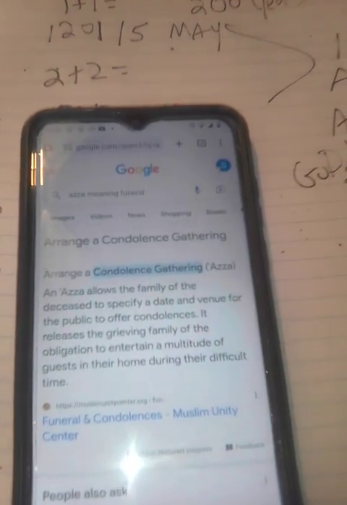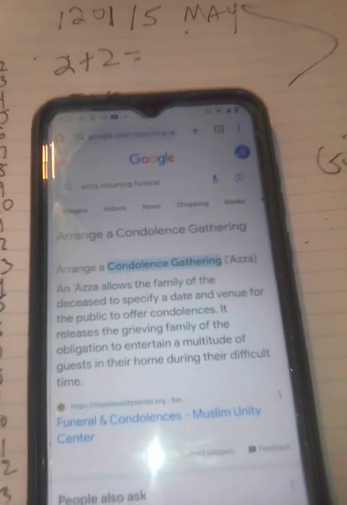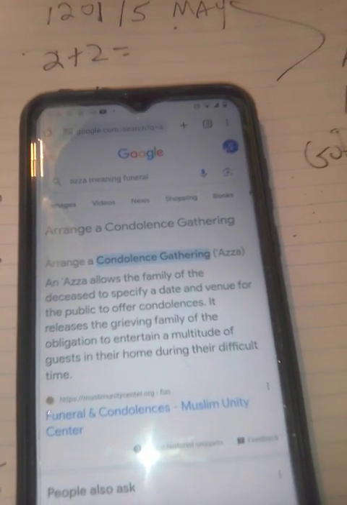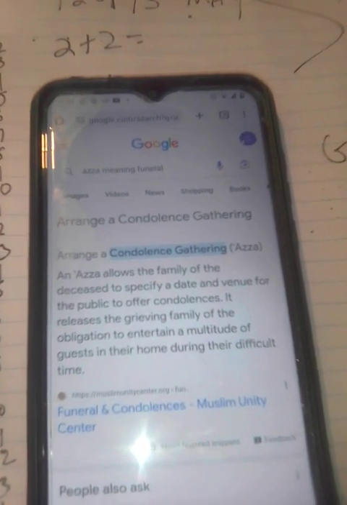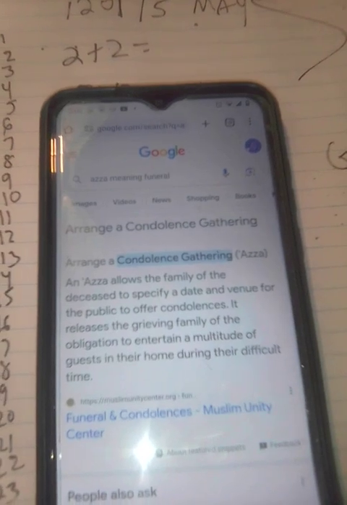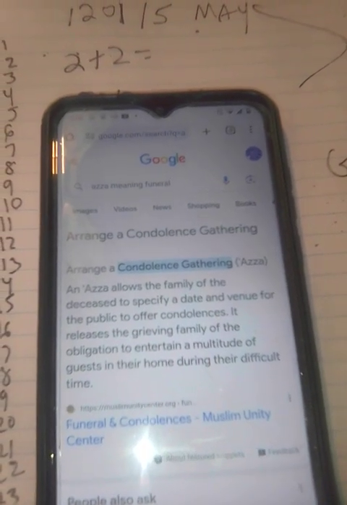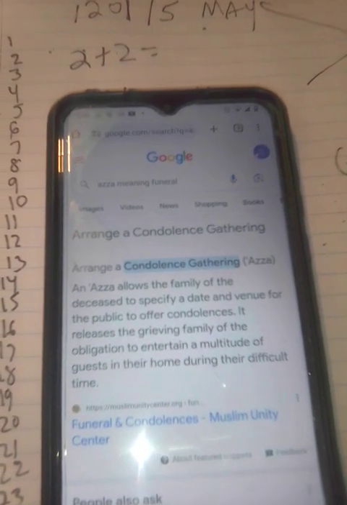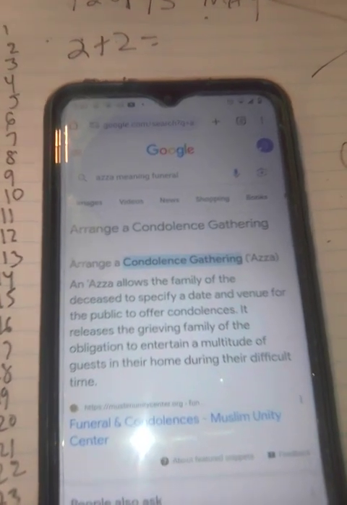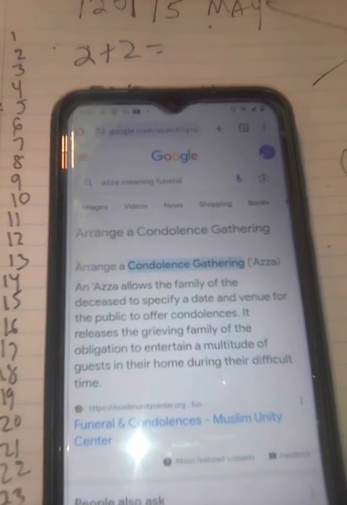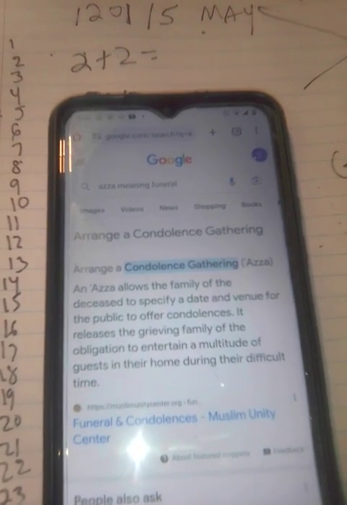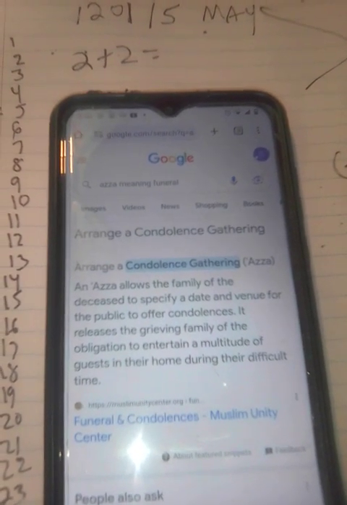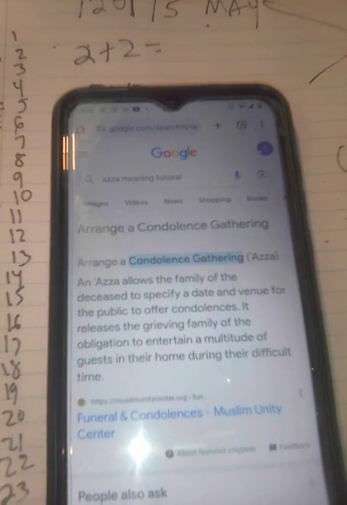Wow, that we are guests in the house of Azza, the home of Azza, and Azza is still mourning the loss of someone or something that Azza cares about. In 1001 years would be 2202. That's 1001 years.